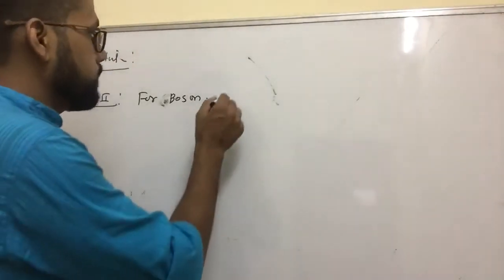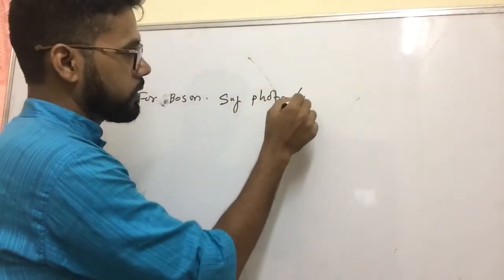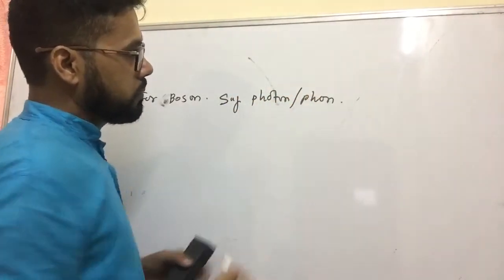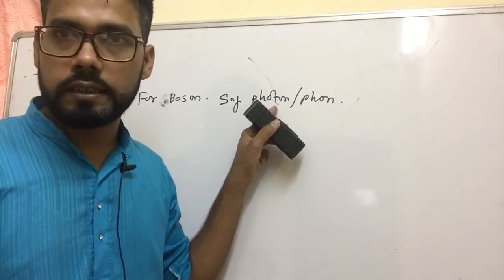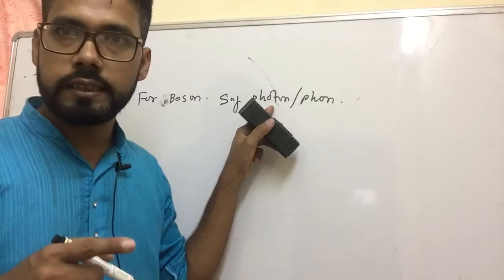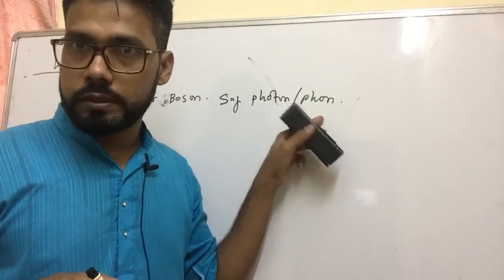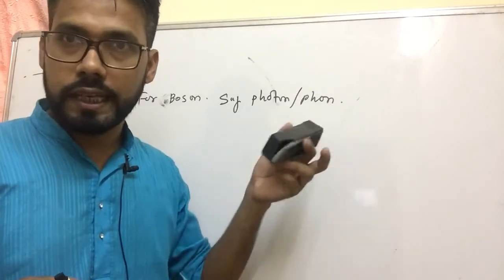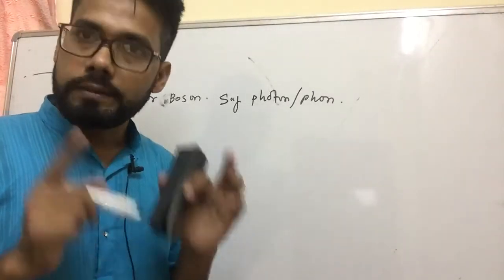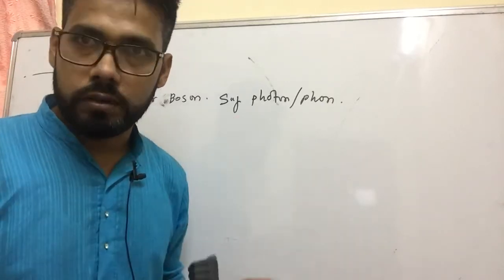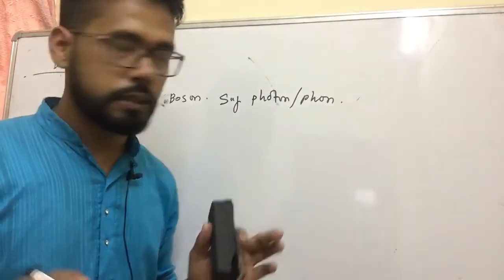Suppose a boson, say a photon, or a phonon, which is also a boson. A photon is associated with electromagnetic radiation. When you talk about electromagnetic radiation, you have to understand we are talking about the photon. But when you talk about a matter wave, a solid matter wave or sound wave, then you have to understand we are talking about the phonon. Both are bosons, both have integral spin, not half-integral spin.